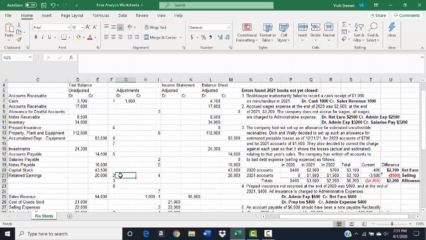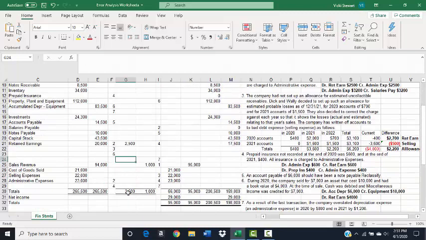We will debit retained earnings for $2,500, and then we're going to debit administrative expense, and I've actually netted these two amounts, $3,200 minus $2,500, to get a net debit of $700, and then we're going to credit salaries payable for $3,200, and that will make the correcting entries for both years.